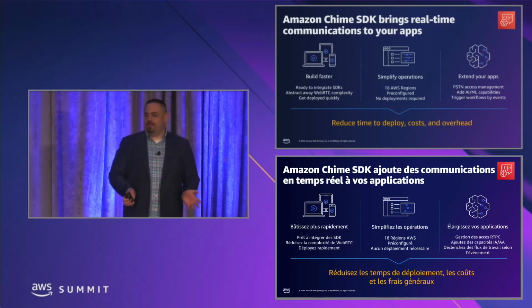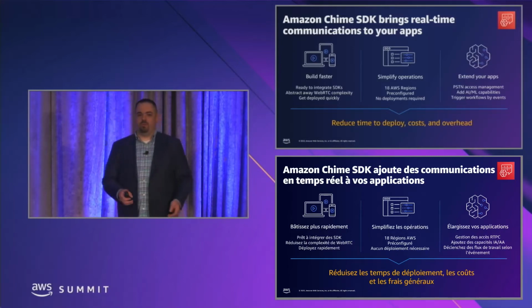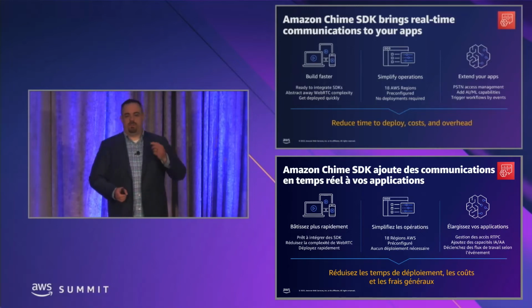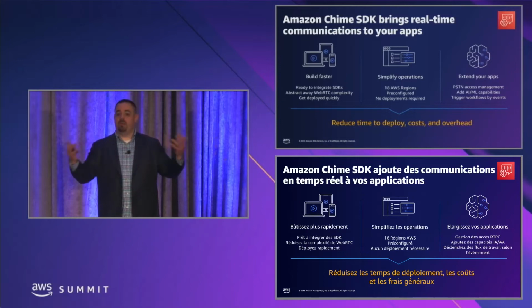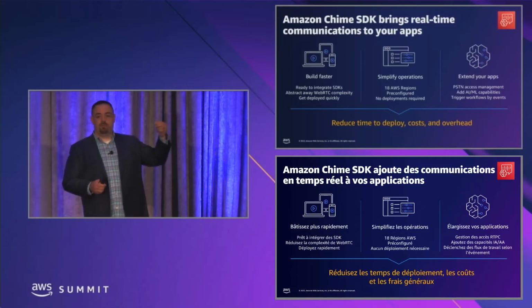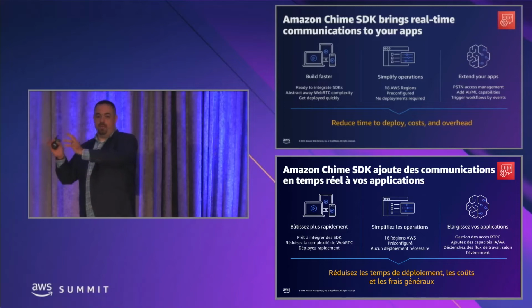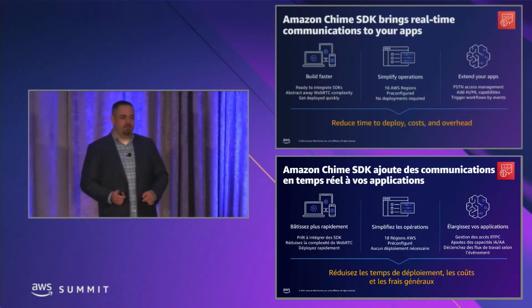So I think that's one of it. The other thing is communications are kind of difficult, right? If you've been in this world, keeping a call to sound good and have low latency, you're able to leverage the breadth and depth of AWS, and we have 18 media regions. So for example, if you have a call or a meeting going on near Singapore, you can put that meeting near Singapore so that you don't have the speed of light challenge of latency around the world.